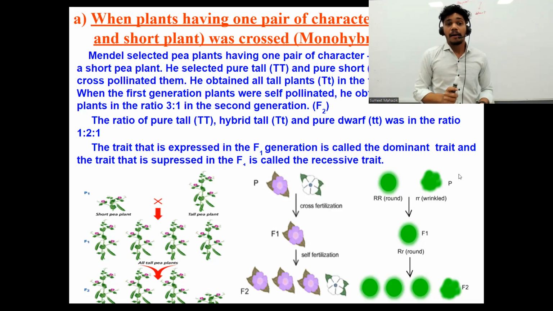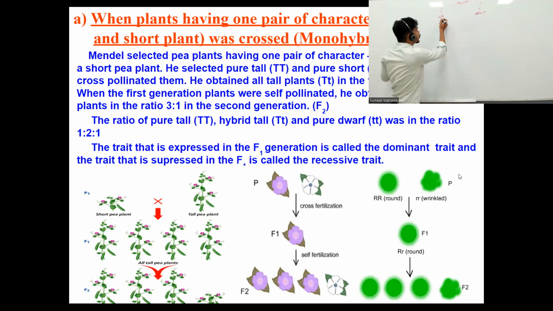Now, he selected the pure tall TT and the pure short tt. What is TT? If pure tall is there, this is TT. It represents a genetic character. TT means totally tall. This tall plant definitely comes from one male and one female, or asexual reproduction. So the pure genetic character mentioned is tall.